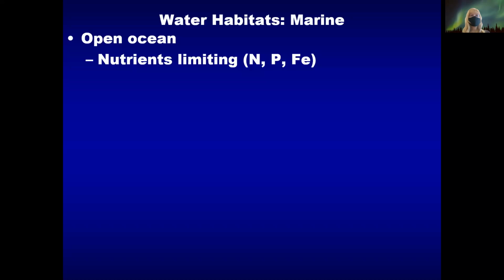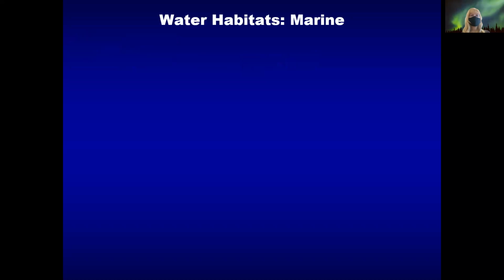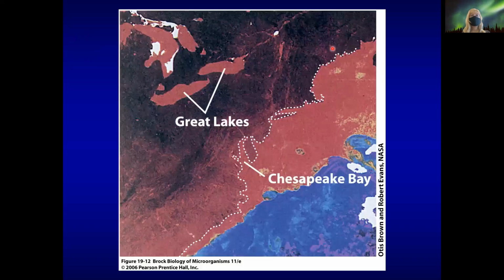Let me go back. So they zoomed in on chlorophyll. And so you can see there's some purpley areas here in the blue. That's like the next level of population. And then the blue is probably the lowest population.